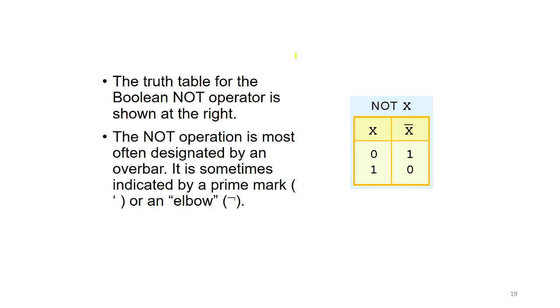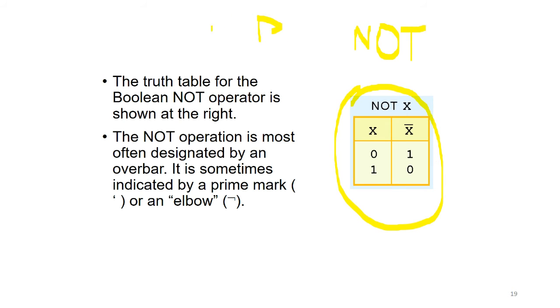What about the NOT operation? This is a truth table for a NOT gate. The NOT truth table is fairly easy to understand. The representation of a NOT gate is done in this manner.